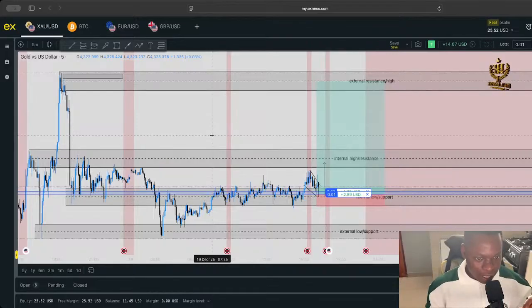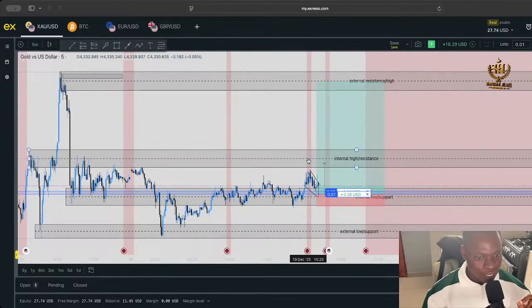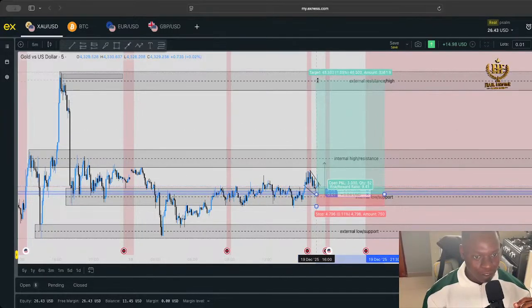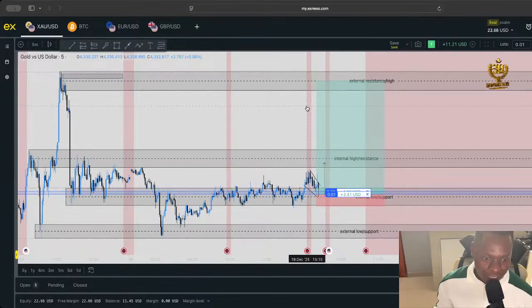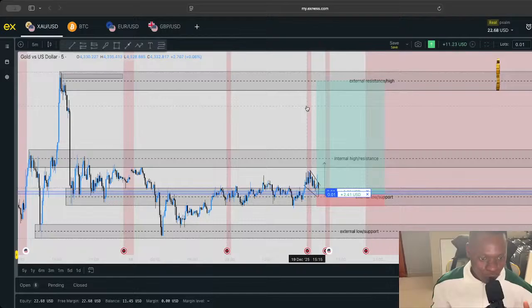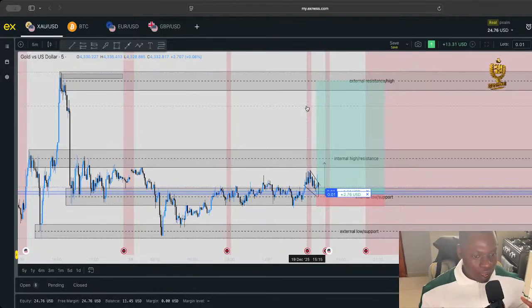Like I said, the first TP is on this internal high. Then the second one will be above that level. I'm teaching you how to trade gold live, and I'm also showing you how you can use these levels.